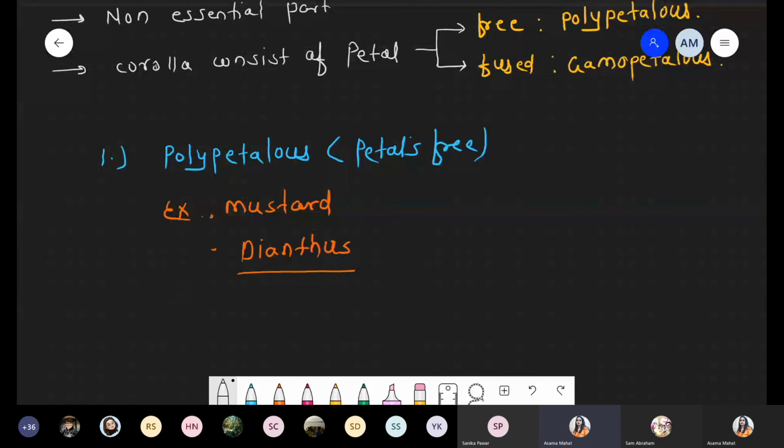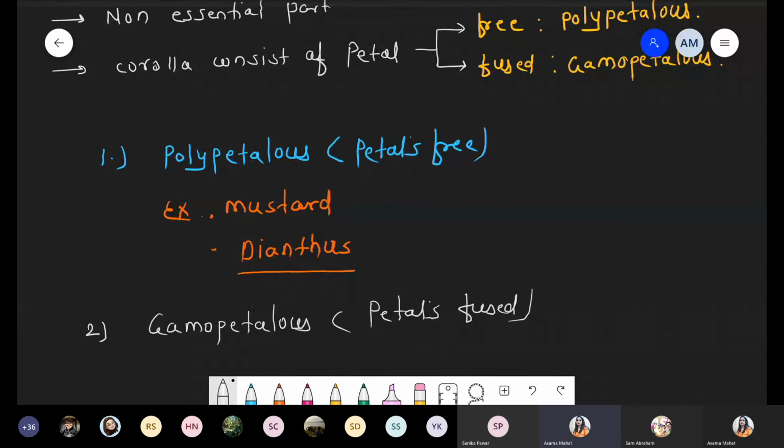Now, number two example, gamopetalous, petals fused. Petals in fused form. Further we will discuss detailed types.